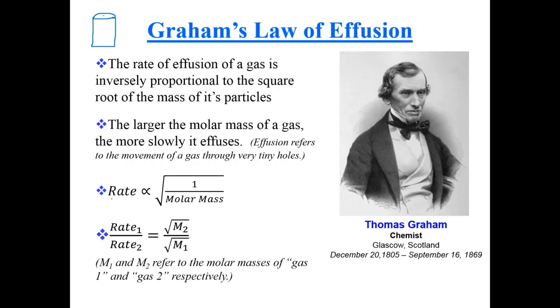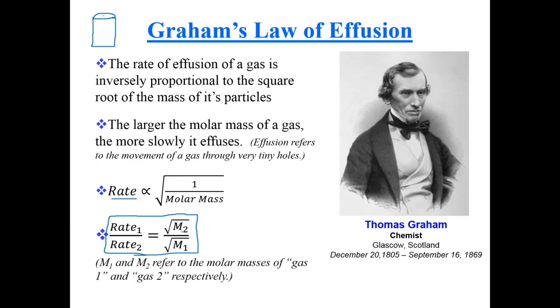So the rate of effusion of a gas is proportional to 1 over the square root of the molar mass. If you divide this expression by another expression, you get this new equation here, which is very useful for relating how much faster one gas will effuse versus another.